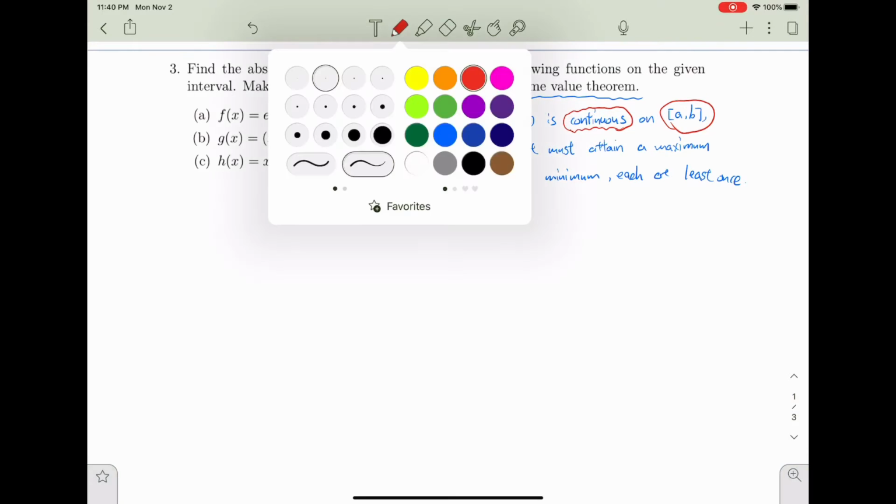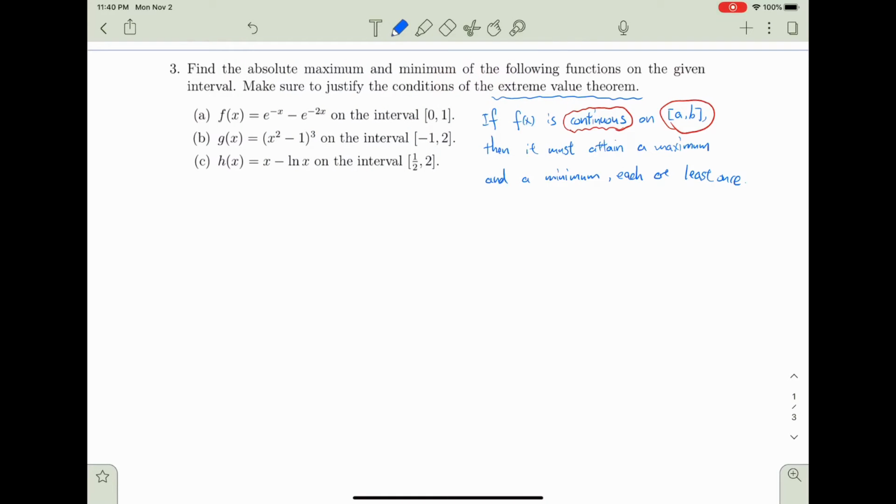So now after understanding the theorem, let's go over each of the questions. Part A: I have f of x equal to the exponential function e to the negative x minus e to the negative 2x, defined on the interval 0, 1.